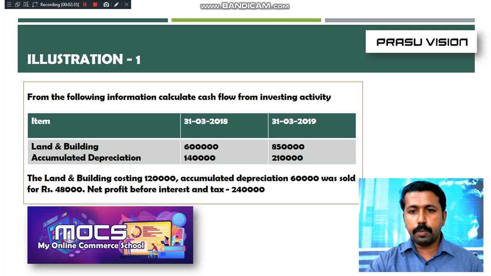Just read the last paragraph. The land and building amount is given, accumulated depreciation amount is given. Also, the land and building costing 1,20,000 and its accumulated depreciation 60,000 was sold for rupees 48,000.